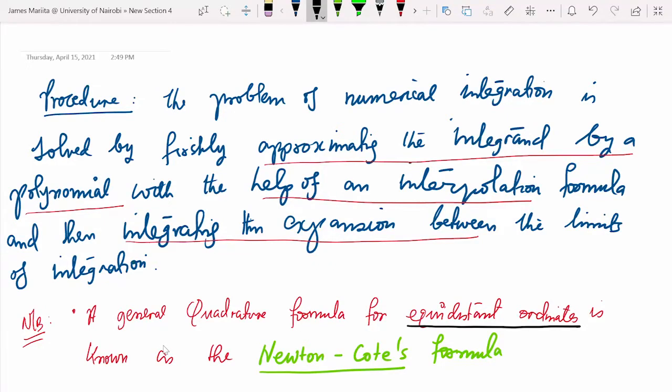So allow me to start off with the general Newton Cotes formula, before we go specifically to the sub-formulae derived from it. The main issue is that in this first case, which is possibly the main one we are going to do in numerical integration, we will consider a case where we have equidistant ordinates.